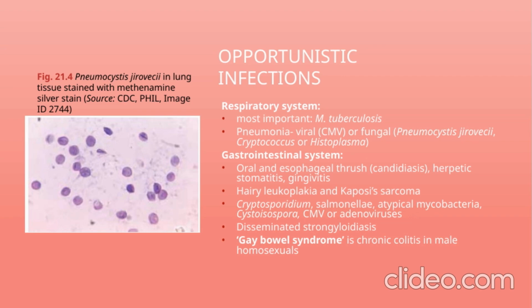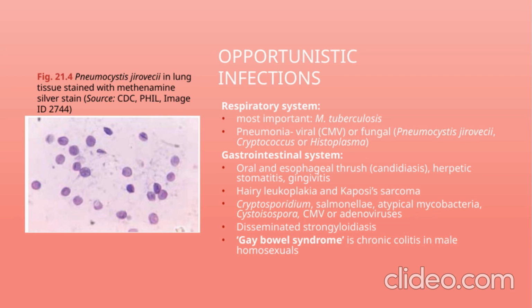Moving to the gastrointestinal system, opportunistic infections can manifest as oral and esophageal thrush, which is a form of candidiasis, or herpetic stomatitis and gingivitis. You might also see conditions like hairy leukoplakia and Kaposi's sarcoma, which are associated with immunodeficiency, especially in HIV/AIDS.